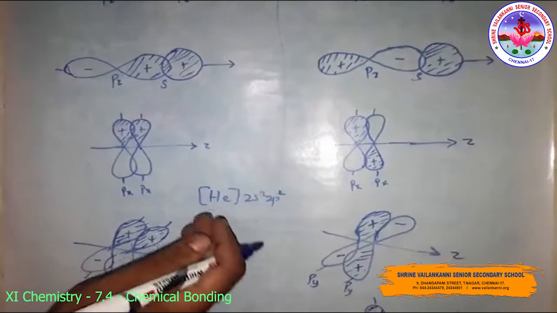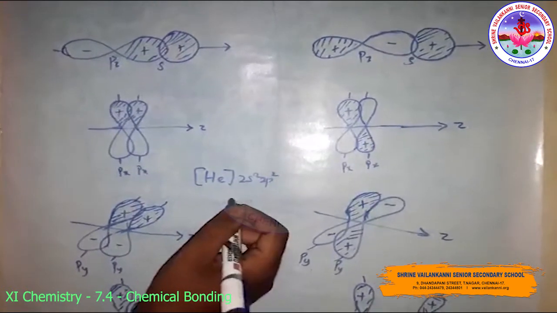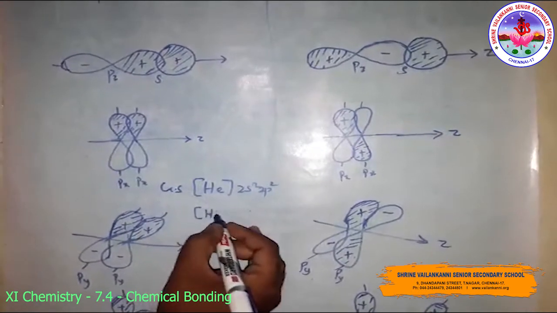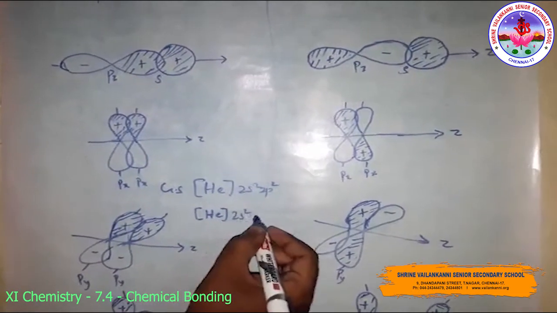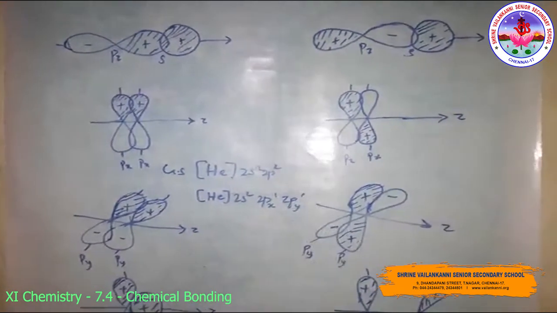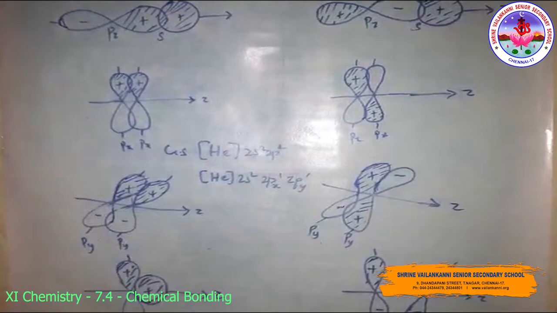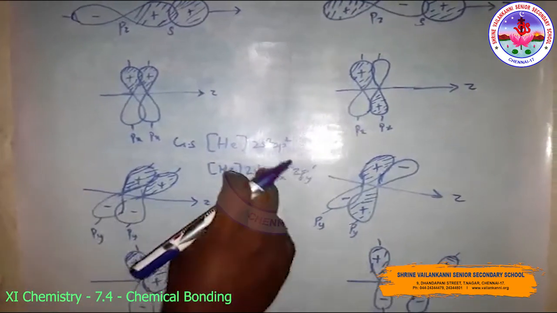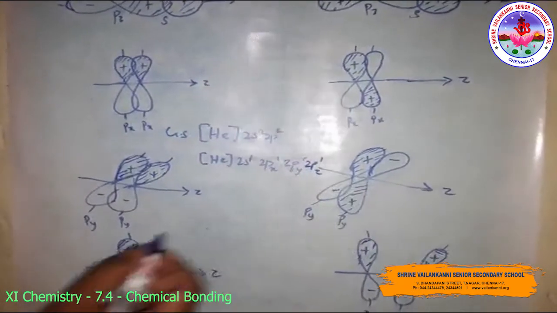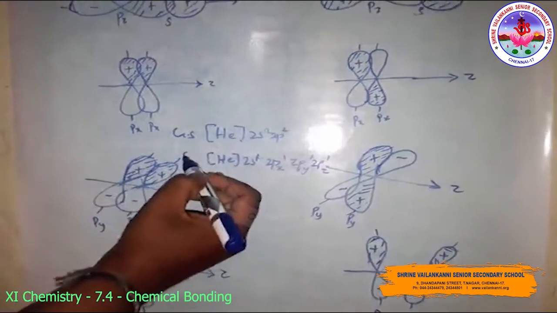In the excited state we can write it like this, helium 2s1 2p3, with 2px1, 2py1 and 2pz1. So this is for the ground state and this is for the excited state.